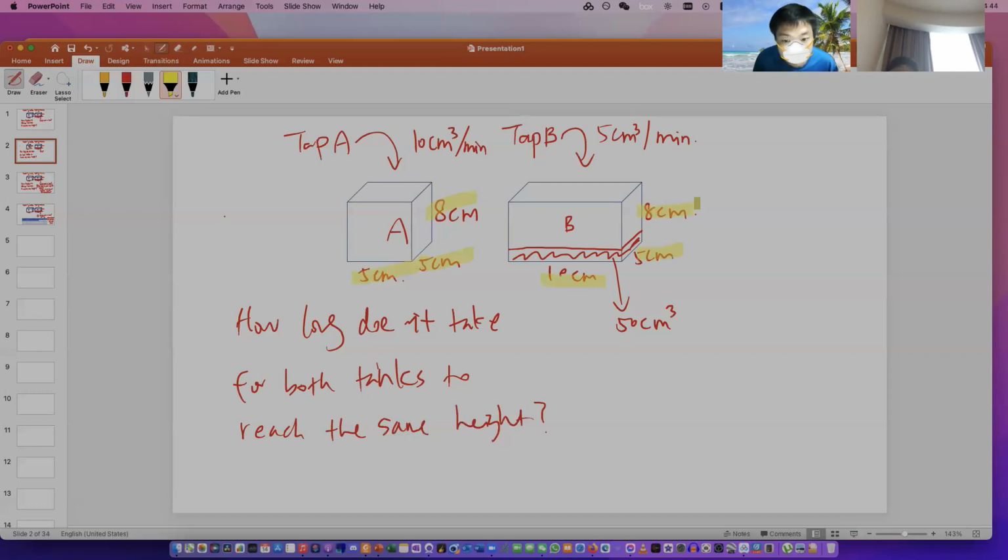Please attempt this question. Do you have any idea how to do this question? You need to unmute yourself, I can't hear you.